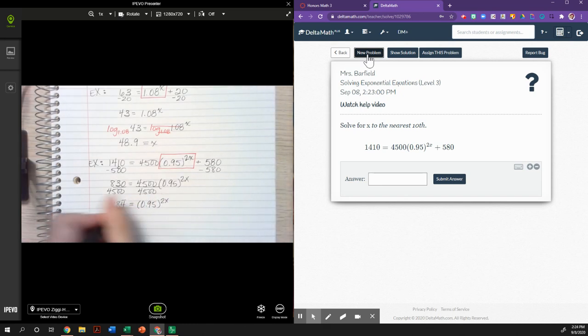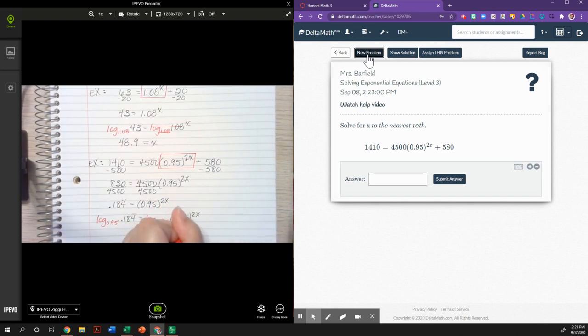Now I'm going to take the logarithm of both sides. So log base 0.95 of 0.184 repeating equals log base 0.95 of 0.95 to the 2x.